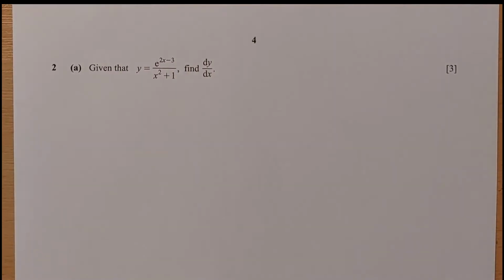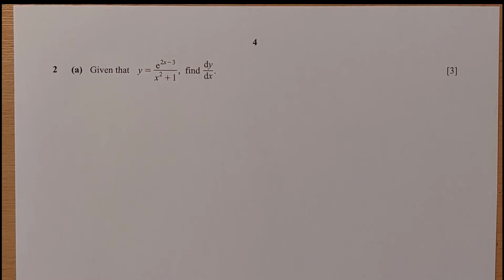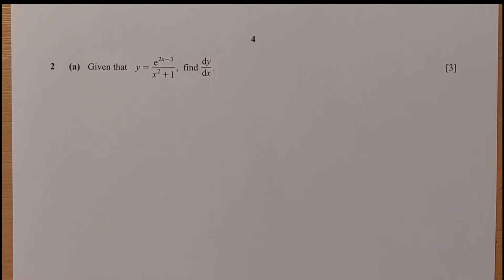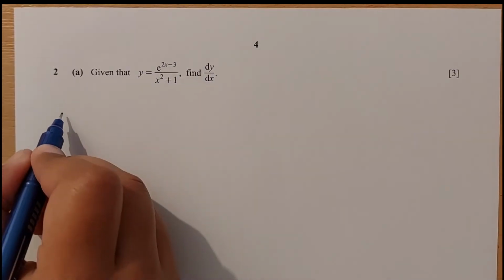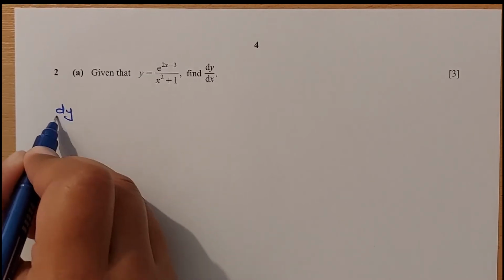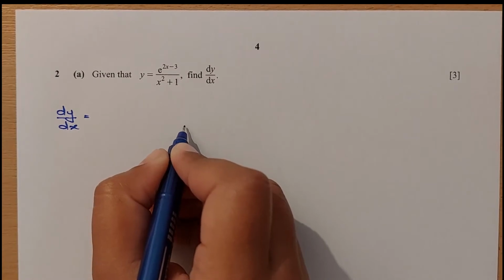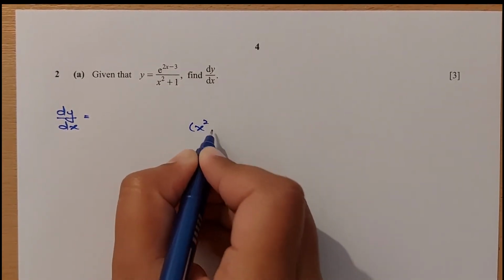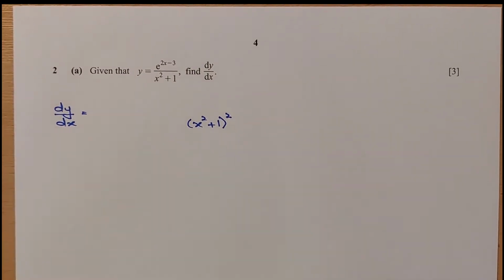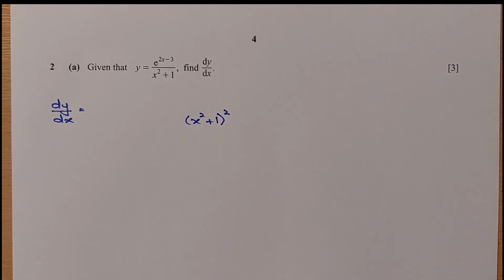Question number 2 in A part: given that y equals this, find dy by dx. Here we use the quotient rule to find the derivative. So dy over dx equals the square of the denominator term, x square plus 1 whole square, right?